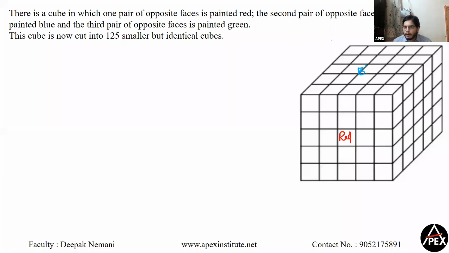These faces are painted with blue, and the third pair is painted with green, so right face and left face. Now this cube is cut into 125 smaller identical cubes. Identical means every cube should have the same dimension. If you observe, these cubes are of the same dimension.